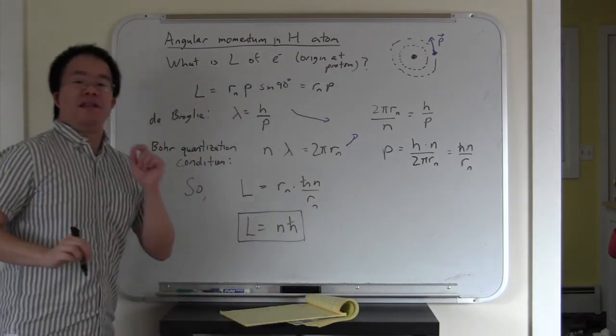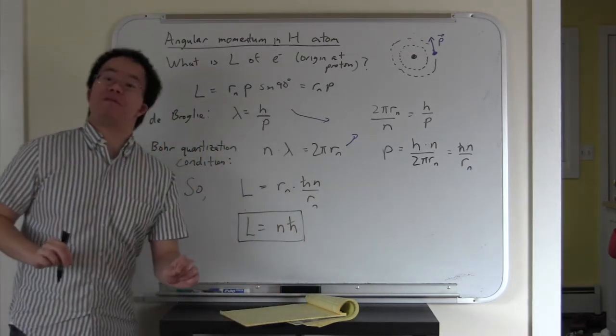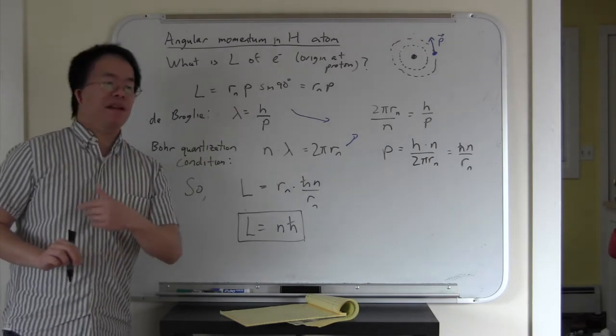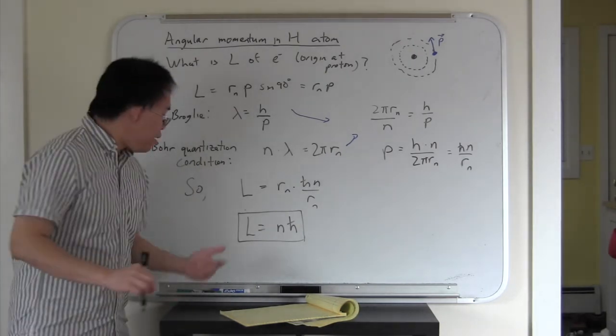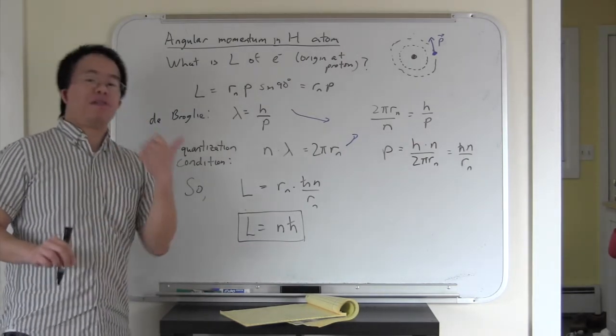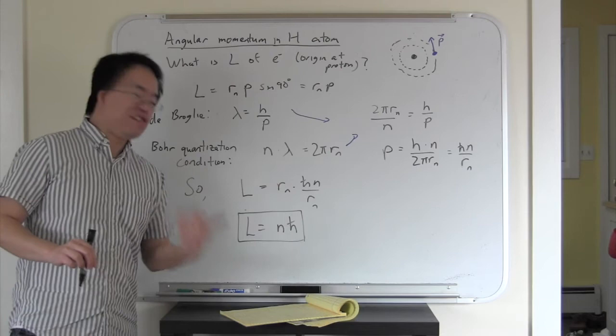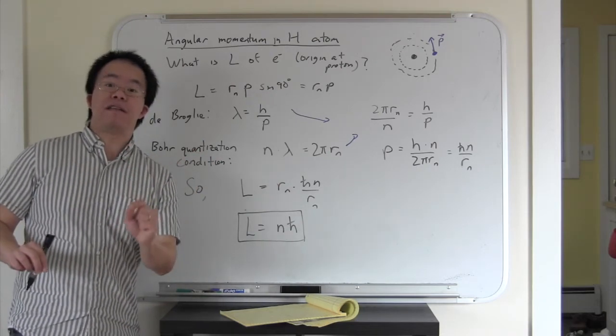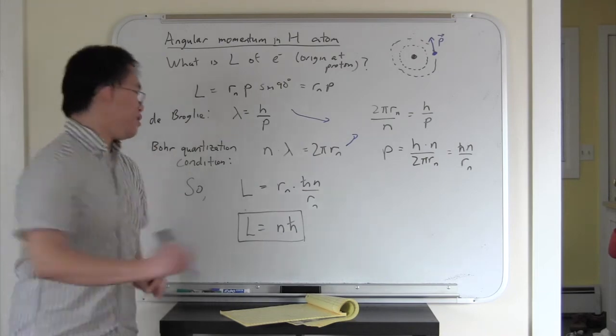This is an important result. It says that the electron's angular momentum can't take on any value. It can only take on discrete values: h bar, 2h bar, 3h bar, etc. In other words, the electron's angular momentum is quantized.